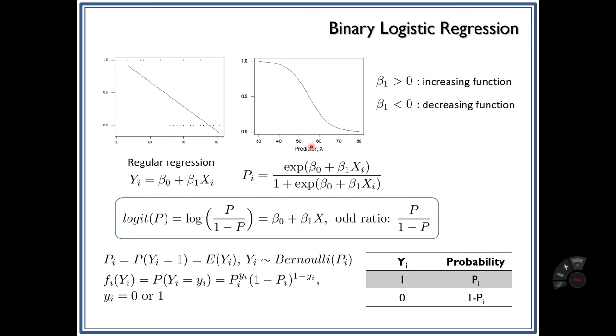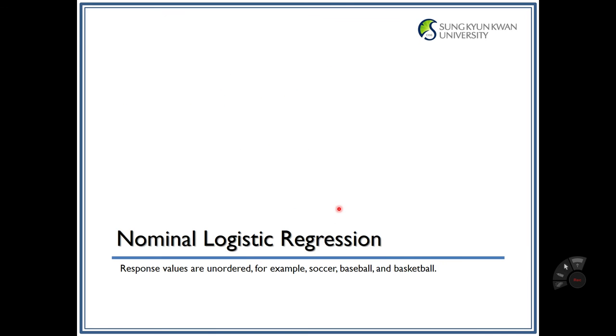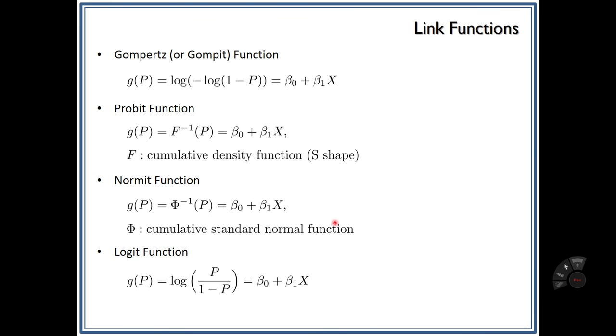And actually we can use other formulas that are S-shaped curves or S-shaped surfaces, and this slide shows examples of S-shaped curves. The first one is the complementary log-log function. So you can use this formula: log of minus log of 1 minus p as a function of a linear combination of the x variables.